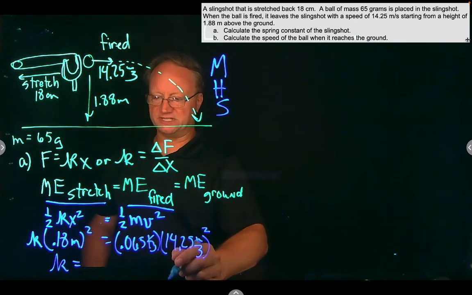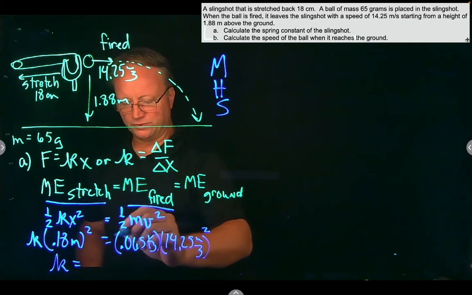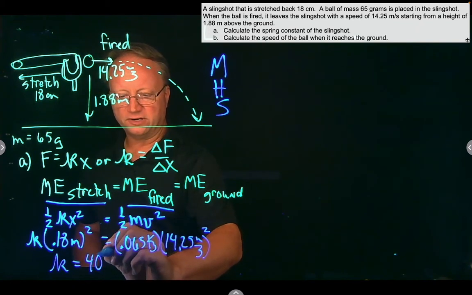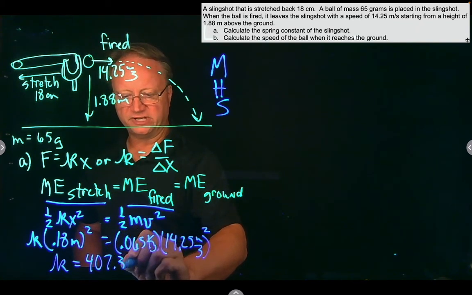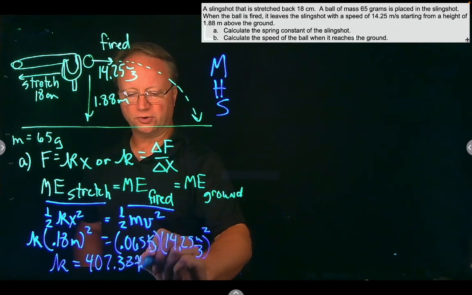When we solve this down for the spring constant, we get a value of 407.38 newtons per meter.